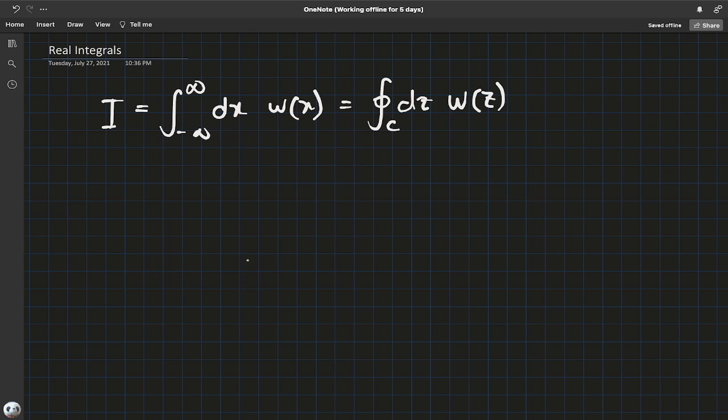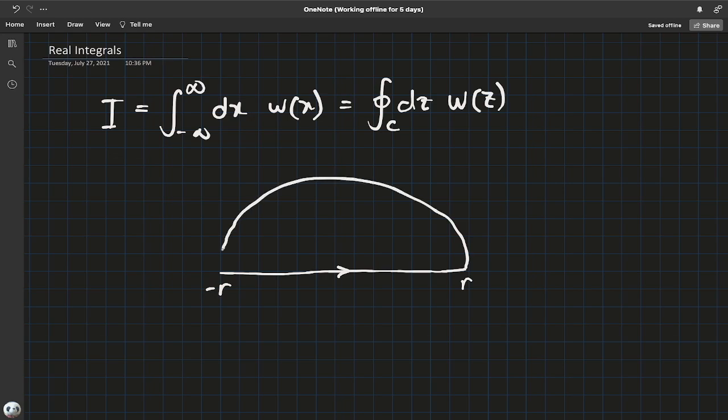So a really popular choice of contour C is that of a semicircle, where you have, say, negative R and R lying on the real axis. This horizontal is the real axis, and you sort of loop around going in a sort of clockwise direction here.